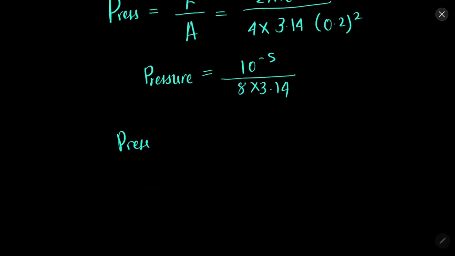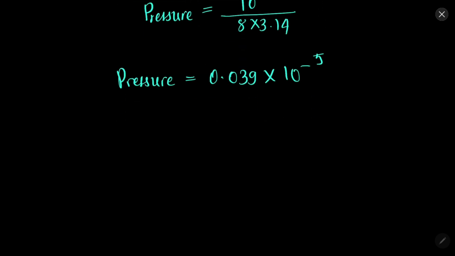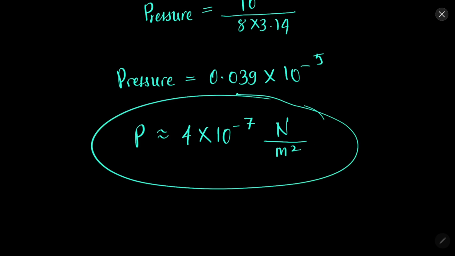So the pressure will be equal to 0.039 into 10 to the power minus 5, or in other words approximately 4 into 10 to the power minus 7 Newton per meter square. This will be the pressure.